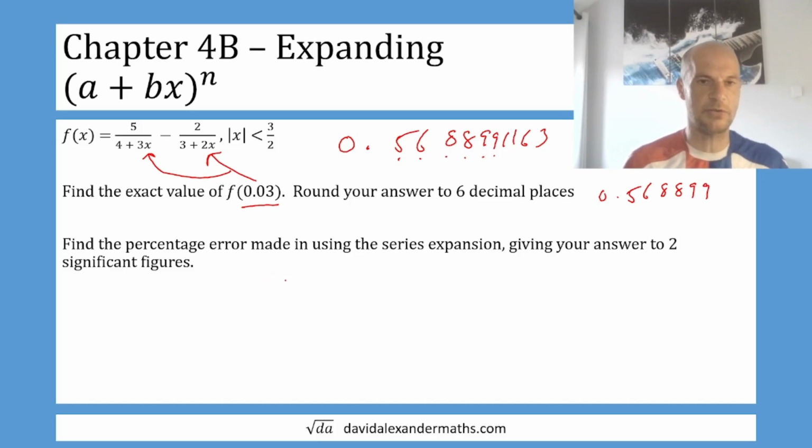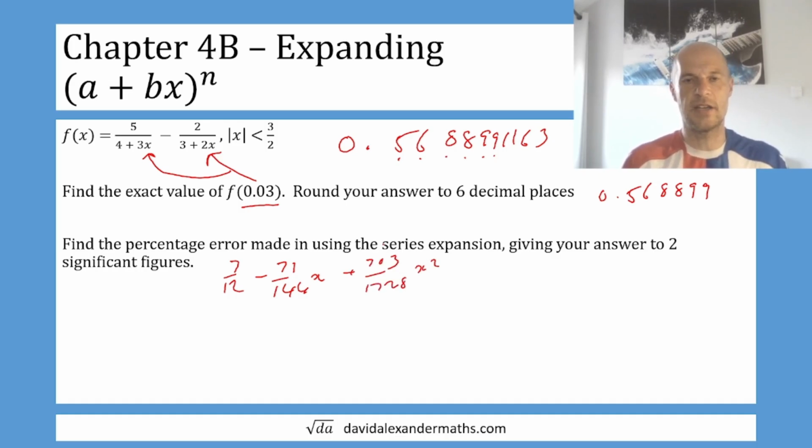Okay, so find the percentage error made in using the series expansion. Now, just to remind ourselves, the series expansion was 7/12 take away 71/144 x plus 703/1728 x squared. So when x is 0.03, what does all this equal? So again, I type in 0.03 on my calculator, 7 divided by 12 minus 71 answer over 144 plus 703 answer squared over 1728.